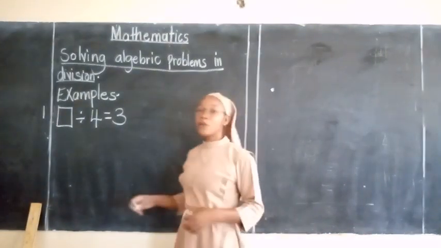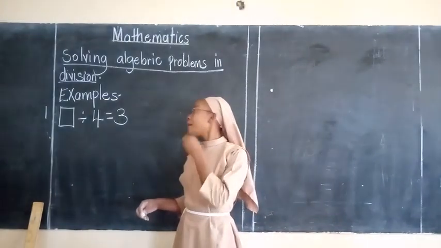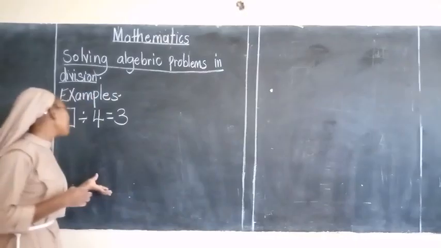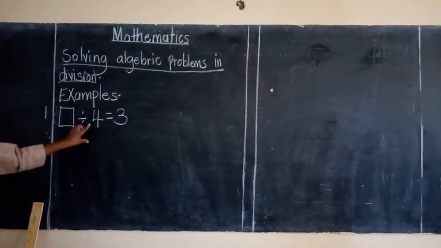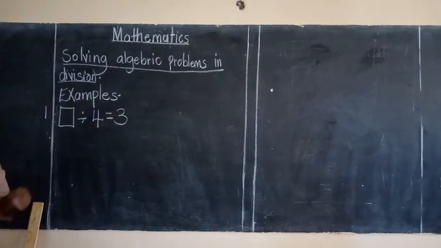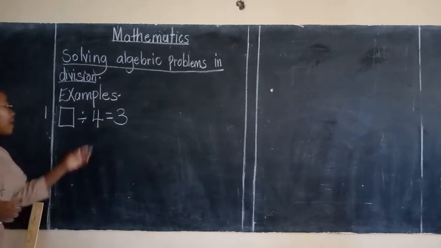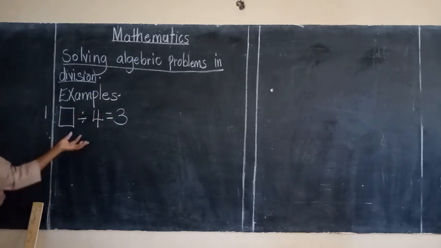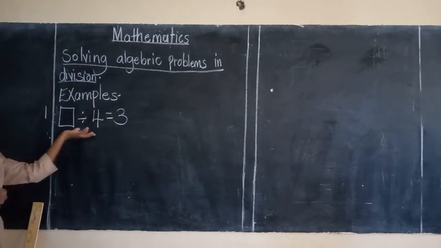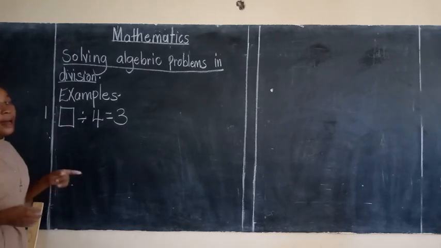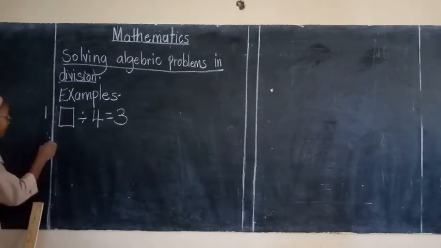I said we multiply the two numbers. The working remains the same, but only the multiplication sign changes. The other time we use the division sign. In division, if we are finding the first number, we are supposed to use the multiplication sign.